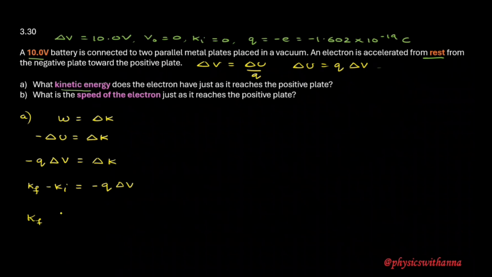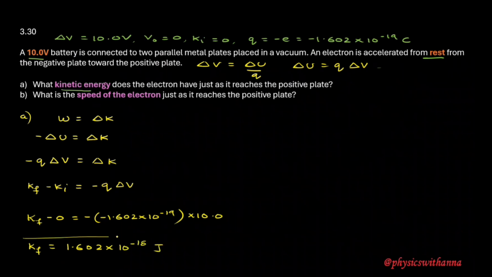K final minus initial kinetic energy, which is 0, equals negative charge on electron, negative 1.602 times 10 to the power negative 19, times change in potential delta V, which is 10. When you solve this, you get the final kinetic energy of the electron to be equal to 1.602 times 10 to the power negative 18 joule.